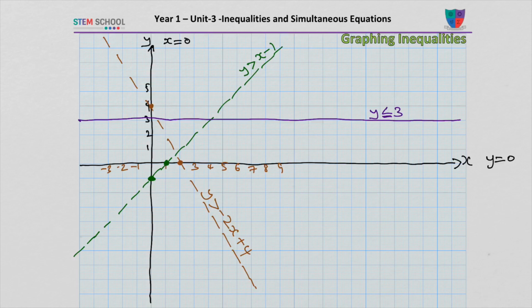We want it to be less than or equal to 3, so it's going to be below the line. So it will be on it and below it. So everything has to be below it.